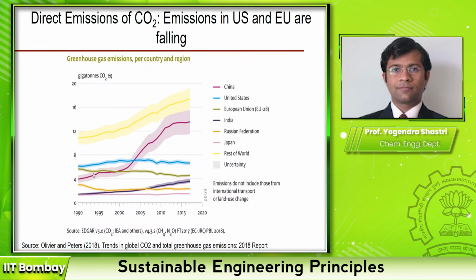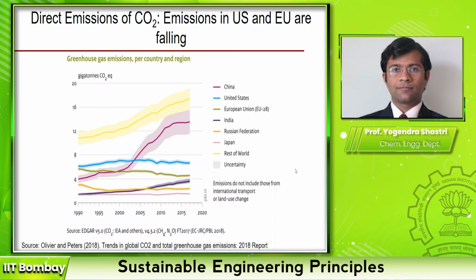If you look at China, in contrast, the carbon emissions have exploded. Beginning around 2000, the carbon emissions have started to rise very rapidly, and something similar is happening with India also, although not to the same level, but the emissions are rising.